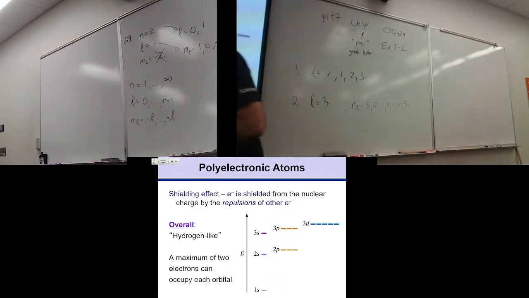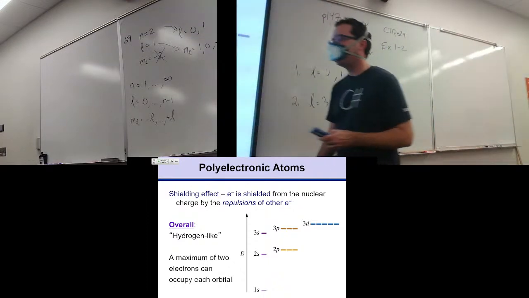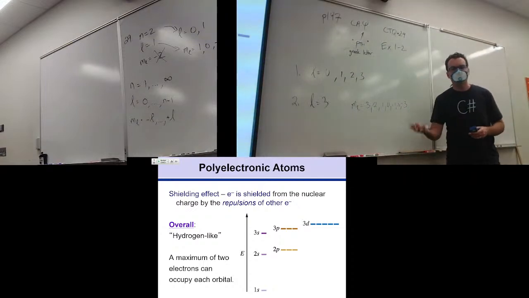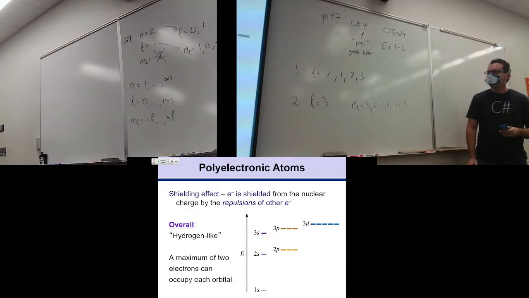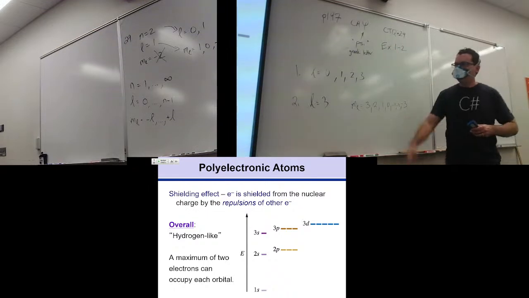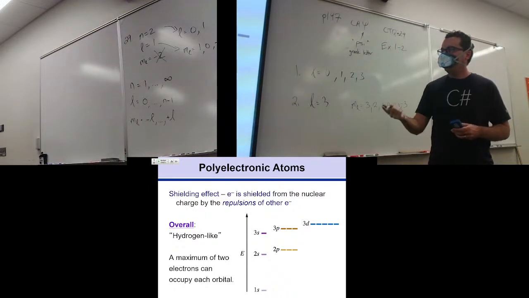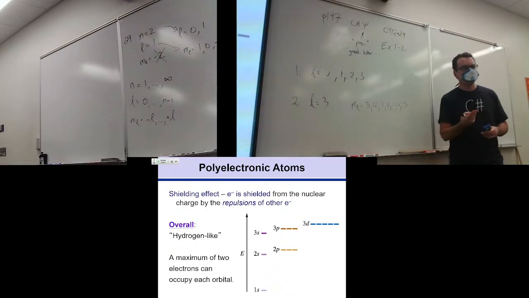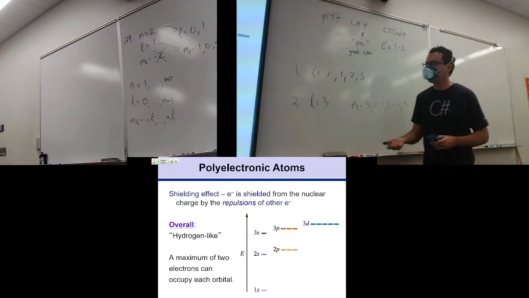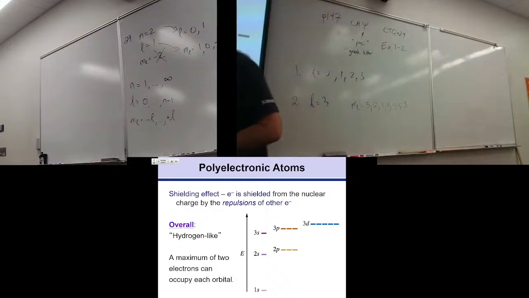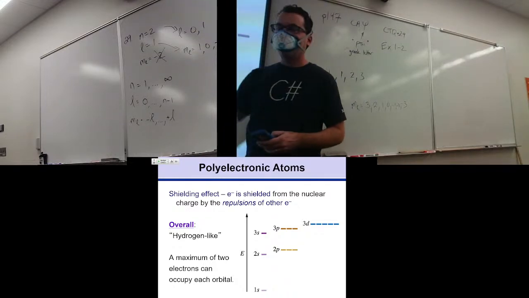Regardless, these orbitals, these positions where we are allowed to find an electron, that are calculated using Schrodinger's equation, getting our wave functions, we can have a maximum of 2 electrons per orbital. A single orbital can hold a max of 2 electrons. We kind of know that already, right? The 1s has space for 2 electrons.